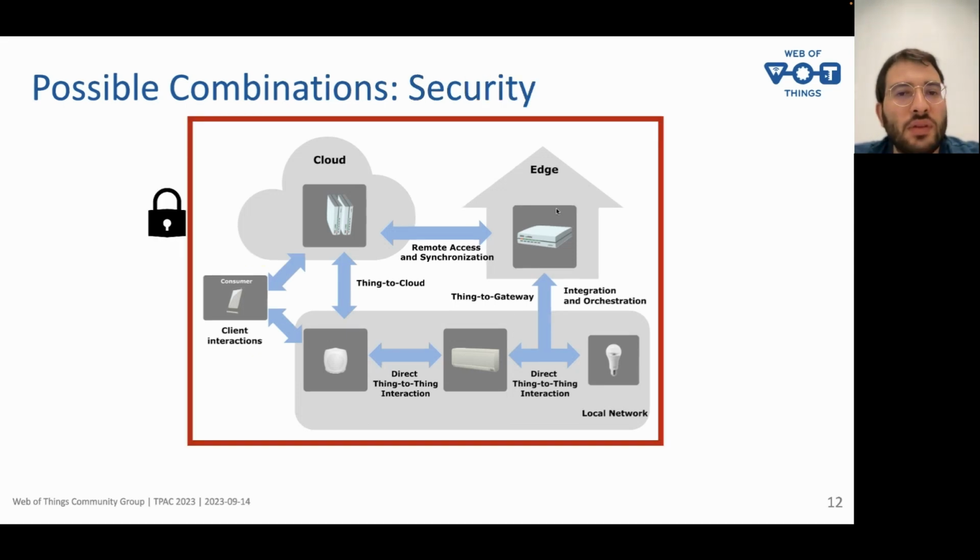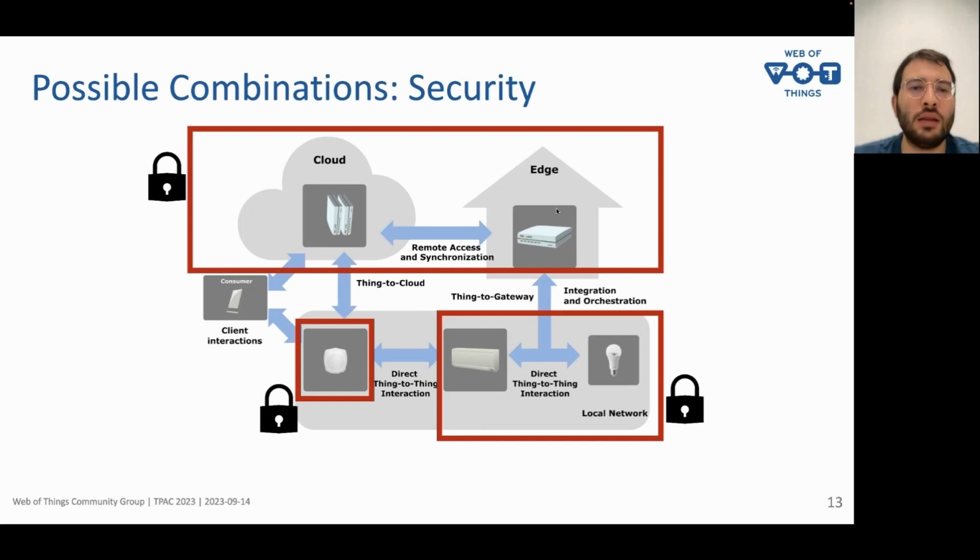And we can also have different types of security. So we could have a holistic, system-level security, most probably in a company network or a managed network where you can have one security mechanism, or basically one firewall, for the whole system, or it can very well be that each device or each local network has its own, and the cloud and edge have their own, so you have to really live with this somehow.